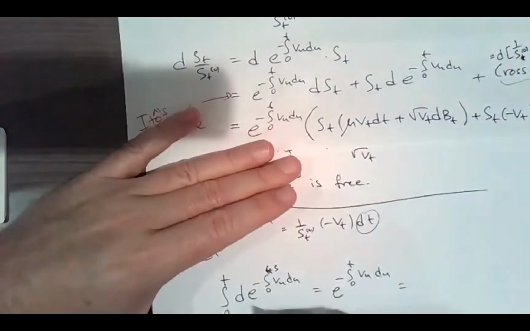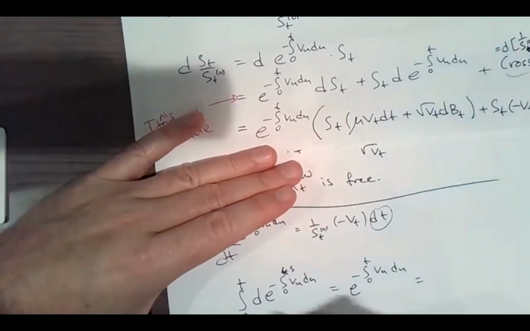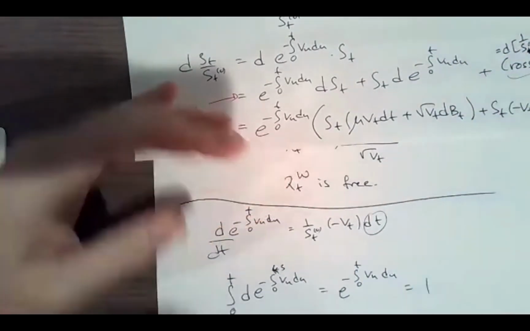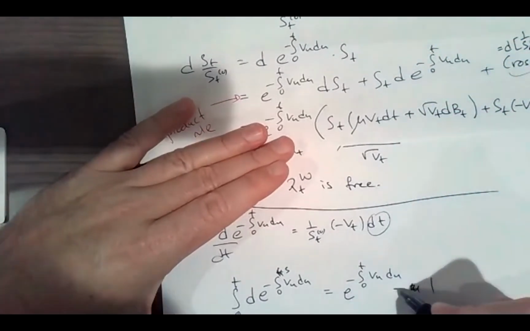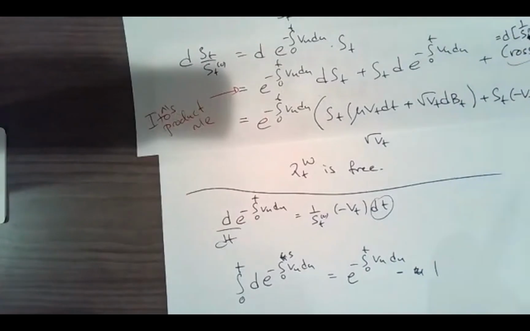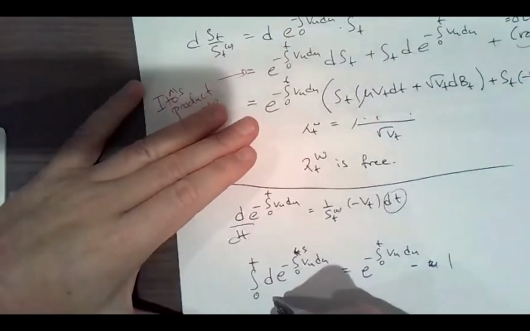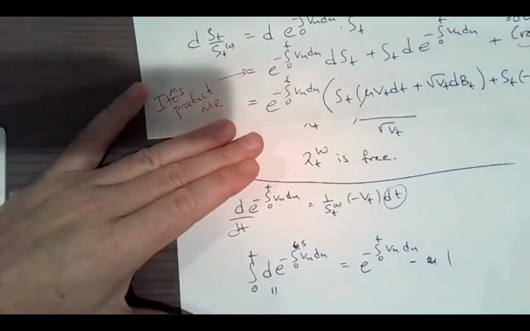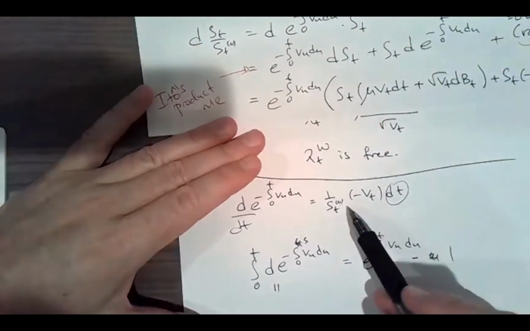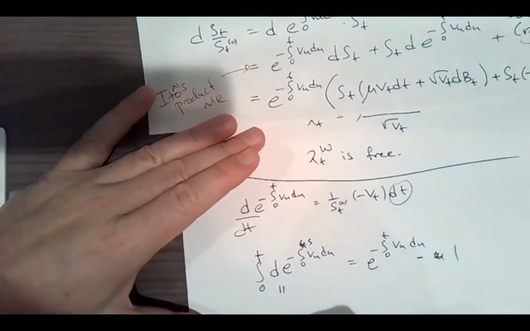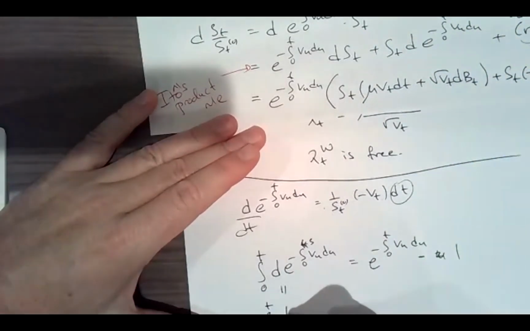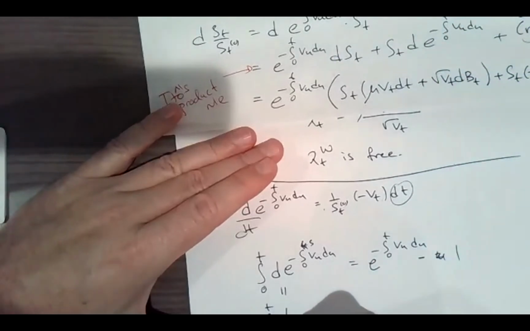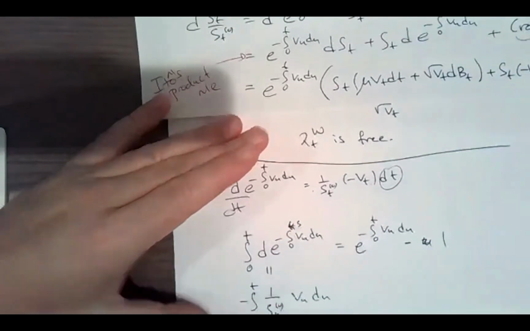This is equal to, and if you want to start out here, I need to subtract away the initial value, because that's the initial value. And so what I'm saying here is that this is the same as integrating 1 over Su with a minus sign and then Vu du.